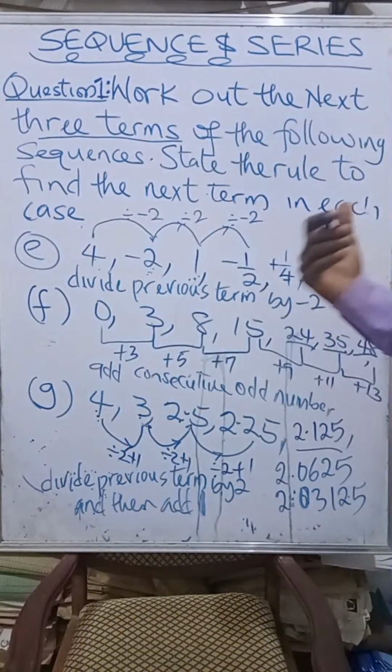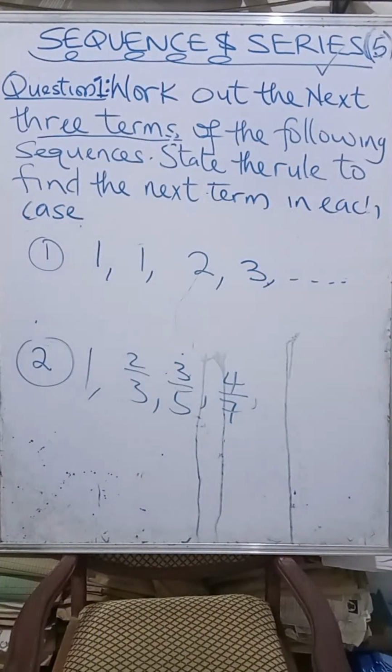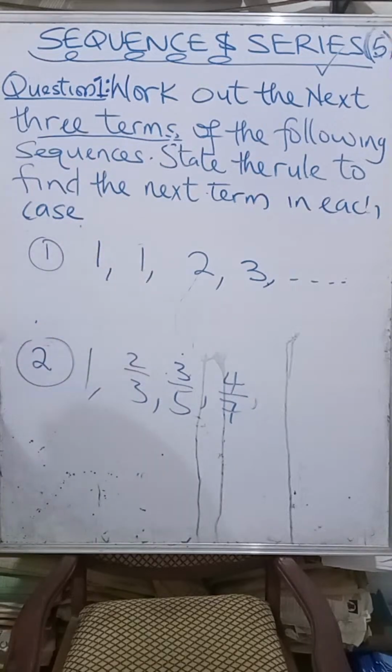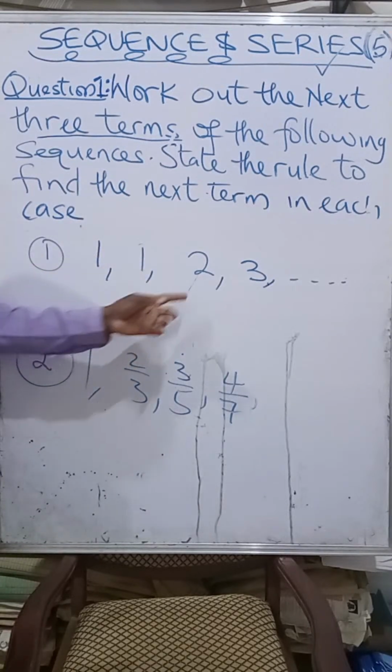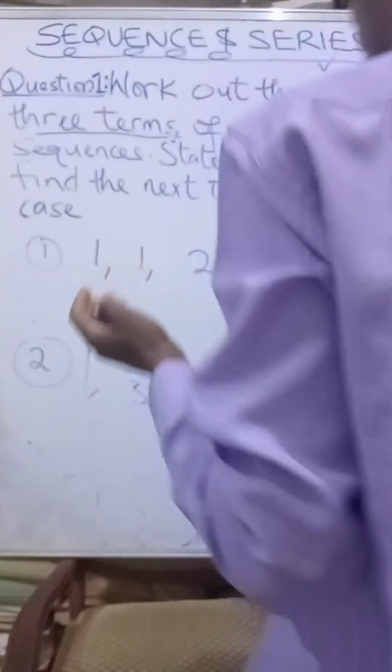Let's see 2 more. Let's see more questions on this aspect. We'll continue tomorrow. Can't finish it today. So look at what we have here. We want to generate the next terms. We have 1, 1, 2, 3. If you check it now, you realize that, as I've said, there is no particular formula.